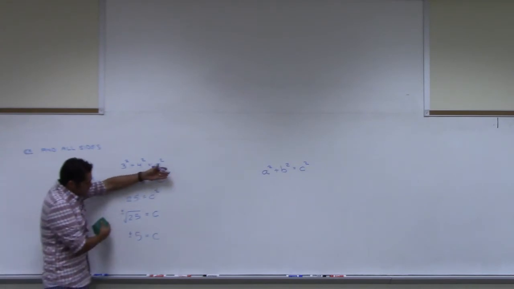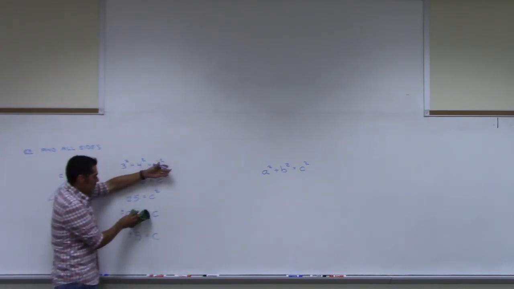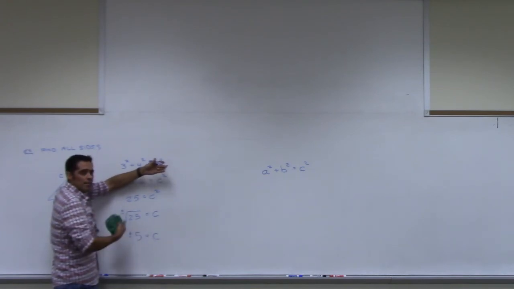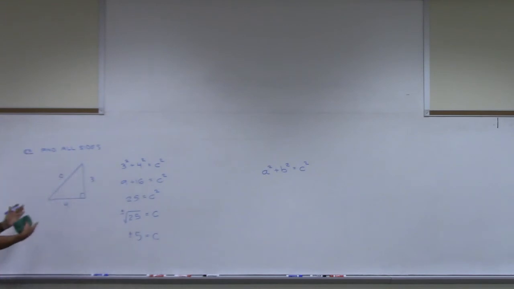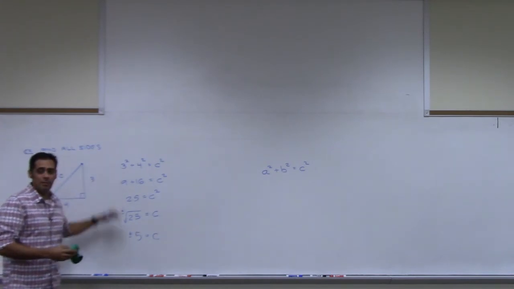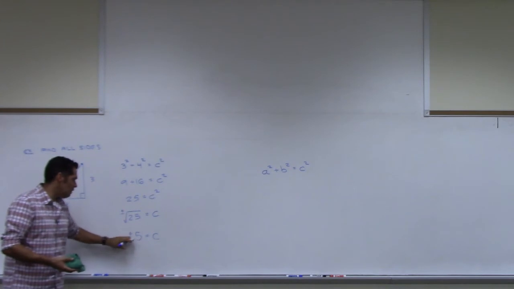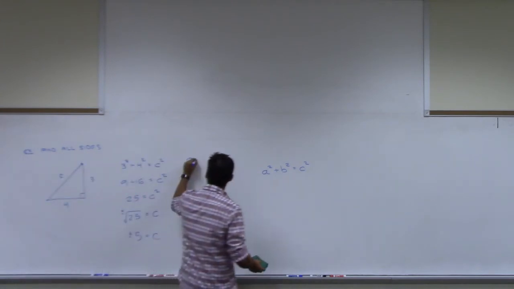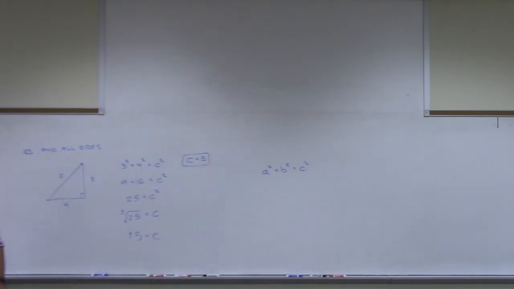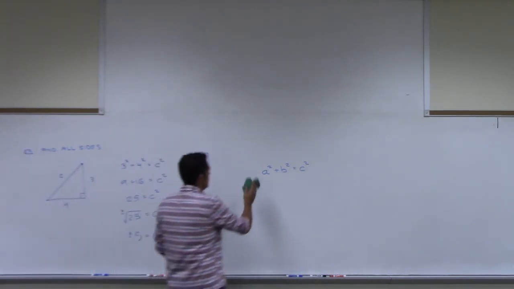If all we had was this right here, if I started this out and I said, hey, solve for C, you would have two real number solutions, 5 and negative 5. But within the context of the geometric problem, C is a measurement of length, and C cannot be negative, right? So it wouldn't make sense. So we scrap one of the answers. So C is 5, but let's not forget, technically, algebraically, we have to have both. I wouldn't take off if you put both, but you need your final answer to be C is 5. So we know what A, B, and C are. Fair enough?